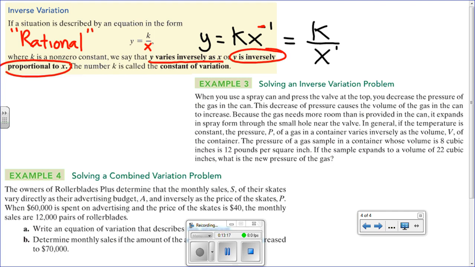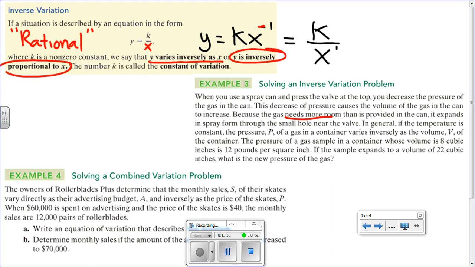They're expanding. You're reducing the pressure, but they have to go somewhere. And so that's the reason why when you press that can, the contents come out. They have to be released. So because the gas needs more room than it is provided in the can, it expands in spray form through the small hole near the valve.